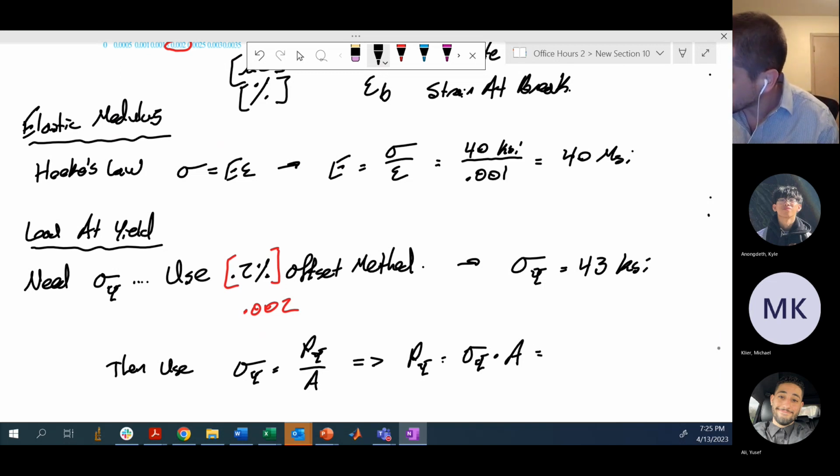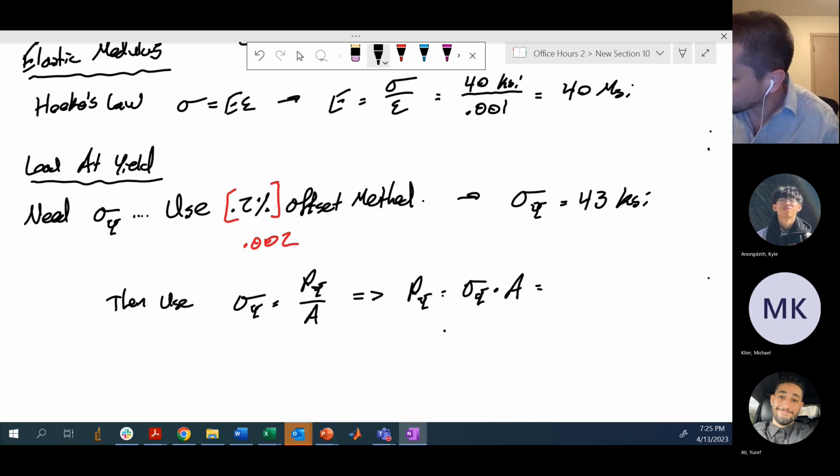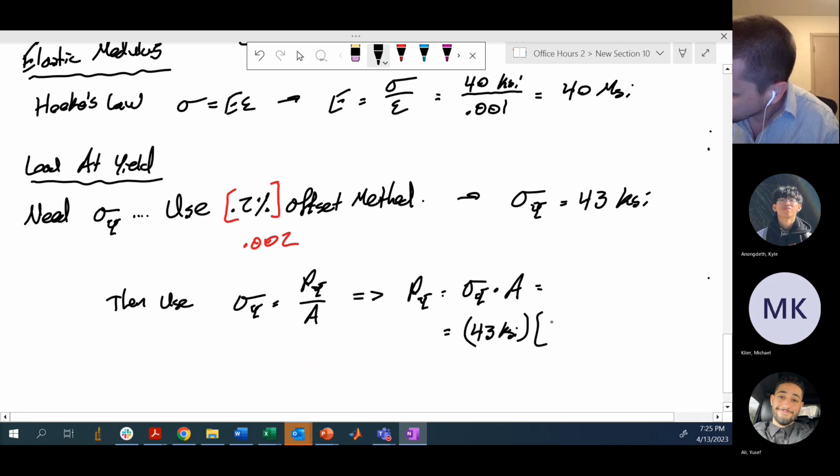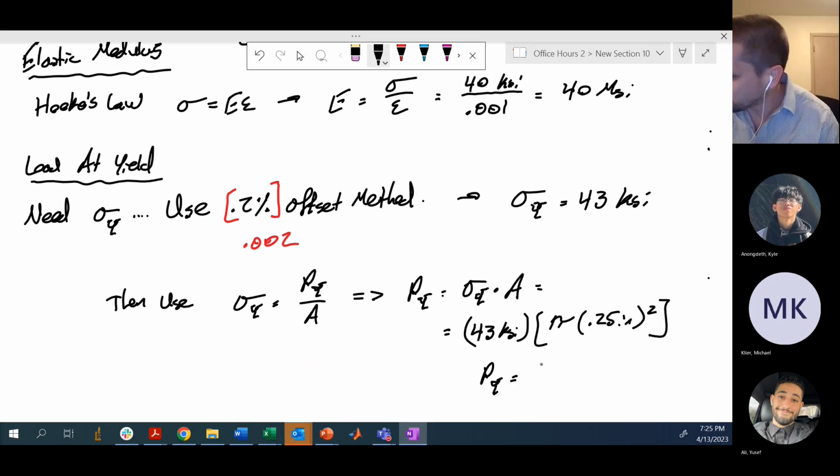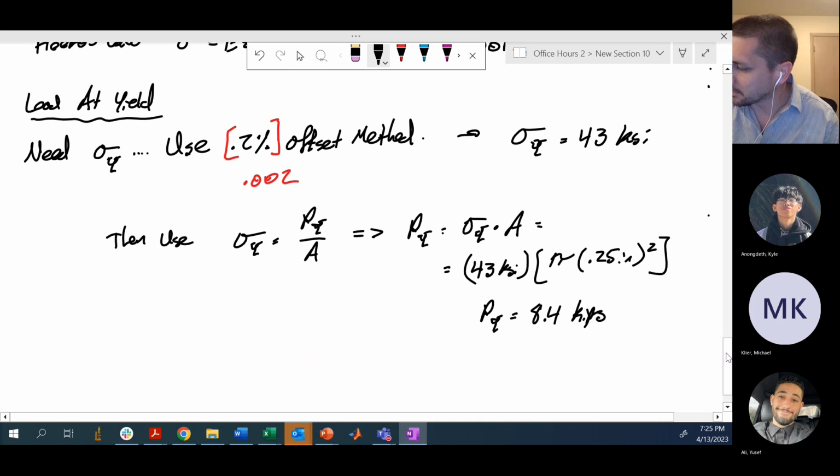So here, we could rearrange this to be 43 KSI multiplied by the cross-sectional area, which is pi times the radius squared, pi times 0.25 inches squared. And this will give us a load at yield here of 8.4 kips. And remember, kips is 1,000 pounds. This is 8,400 pounds.